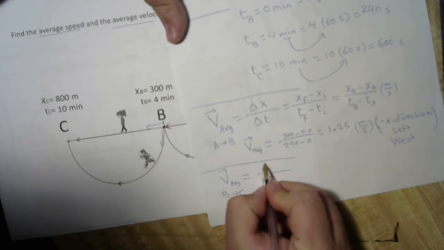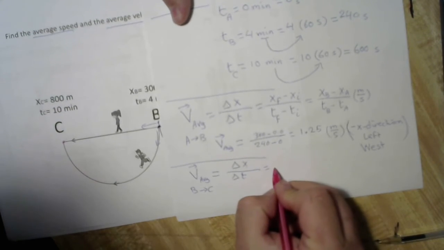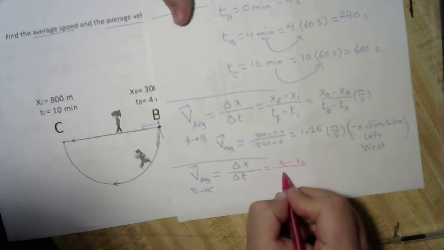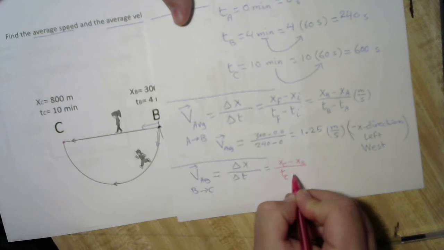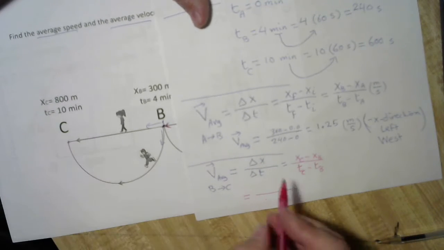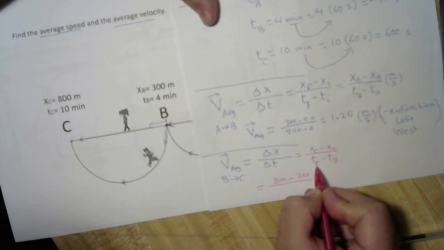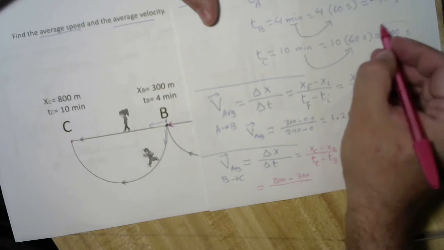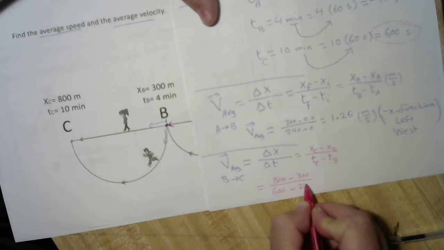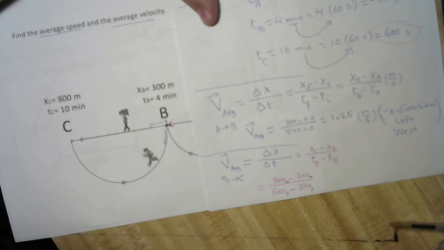In this case it is equal to delta x over delta t, which is x C minus x B, which is x final minus x initial, over t final, t C, minus t B. In my case here, x C is 800 meters minus x B, 300 meters, divided by t at C, 10 minutes, which is 600 seconds, minus 240 seconds. This is in meters and seconds.